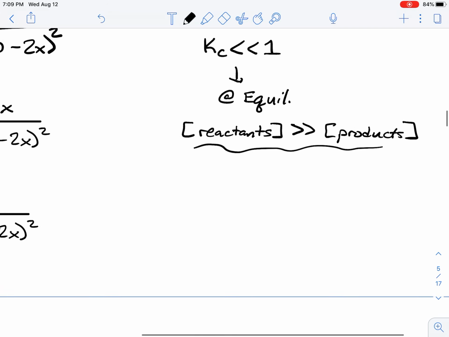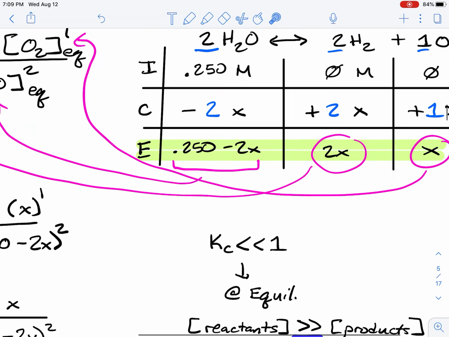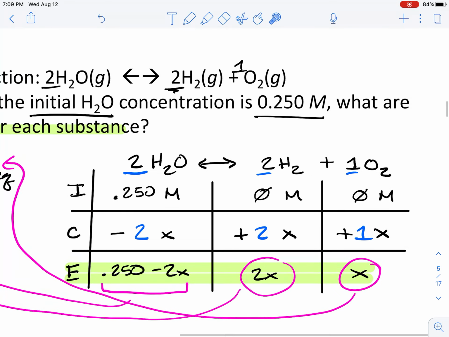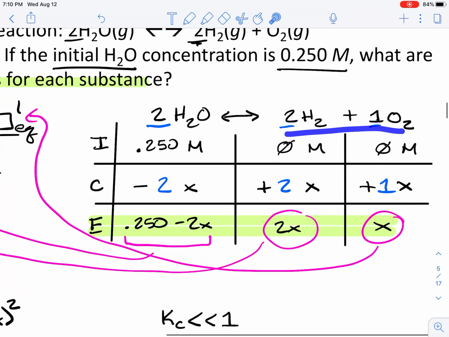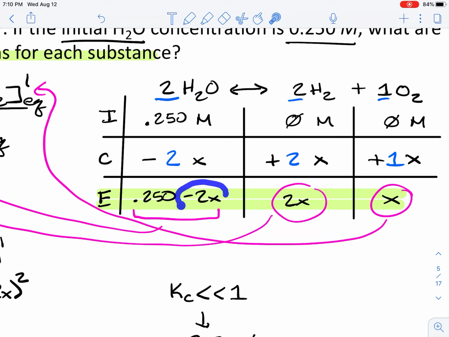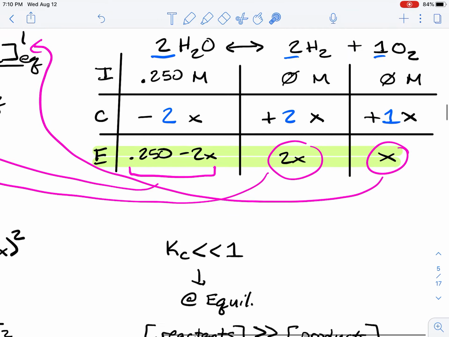And so let's think about this. If the concentration of the reactants is much, much greater than the products, then did a lot of reactants get converted into products? And the answer is no. And so since there's not a lot of reactants being converted into products, what we can do is approximate the change to be very close to 0. Okay?